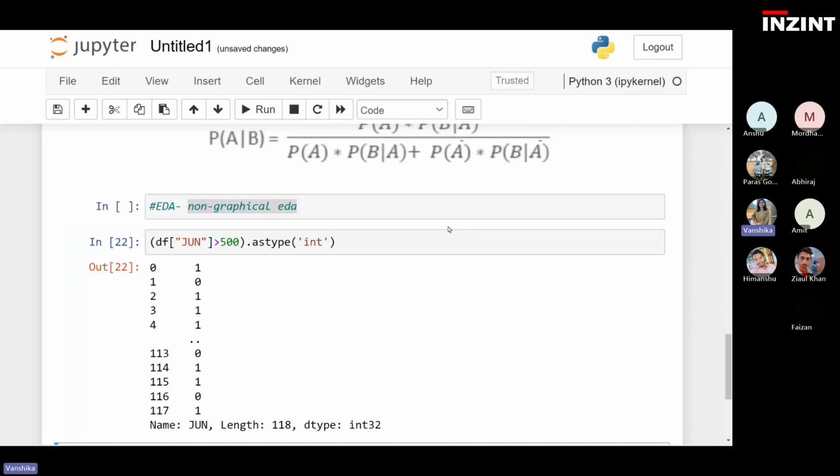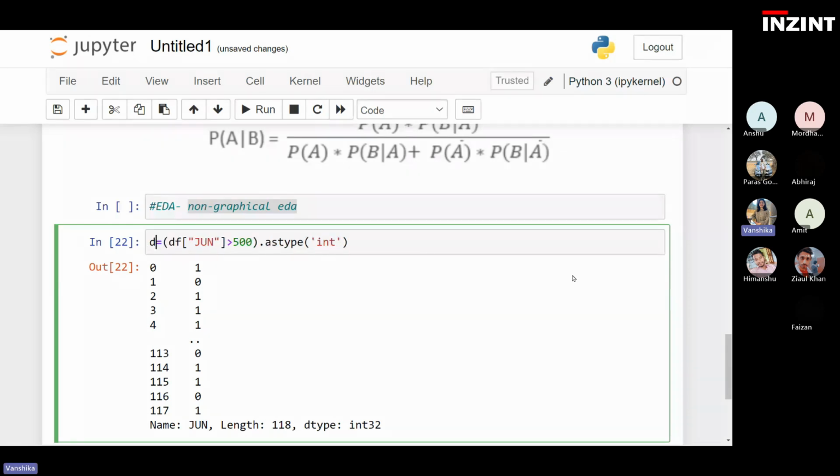I have ones and zeros for rainfall more than 500 millimeter or not. For future references, let's store it inside a column of the data frame. So here I'm creating a new column and I'll call it June more than 500 so that I have an indication of what the data is about. Okay, let's run it.